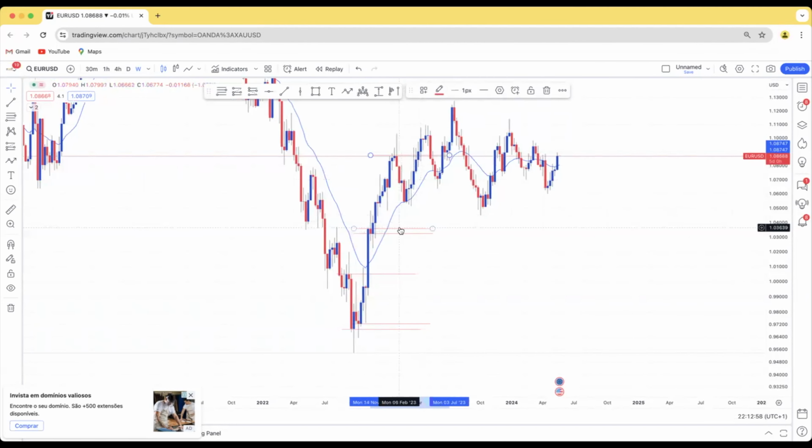Now from here, we had price break above this structure, which gave us this high. And from this low point here, we had a break of structure that gave us this high.